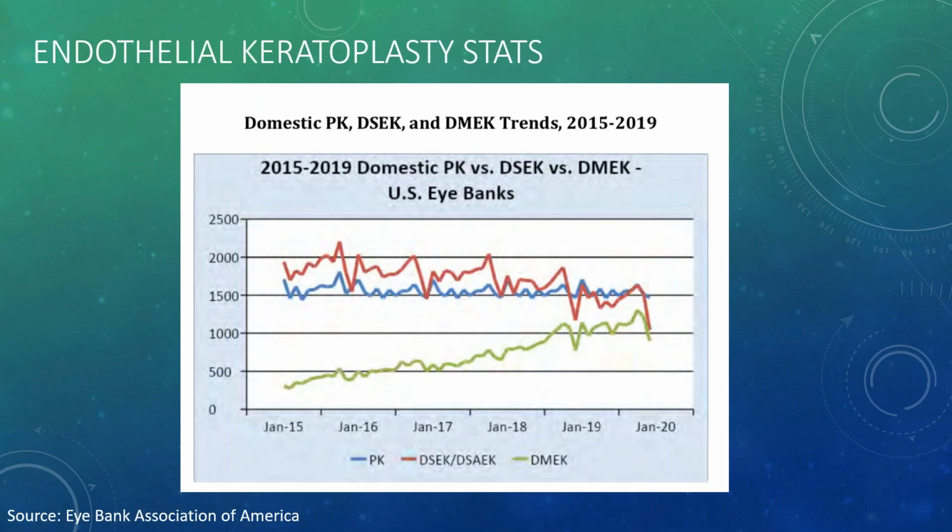They were roughly equal in the amount of DSEKs and PKPs we were doing about 6 years ago. The new one is DMEK. In 2015, there were just a few DMEKs, and as the DMEKs have climbed, PKPs have remained about the same. DSEK has decreased, and we're going to see DMEK overtaking DSEK in the coming years.